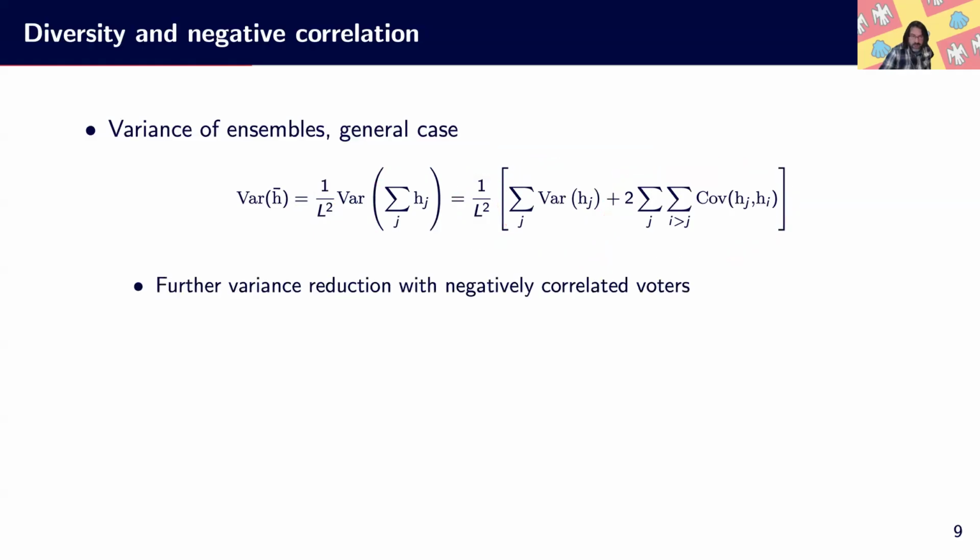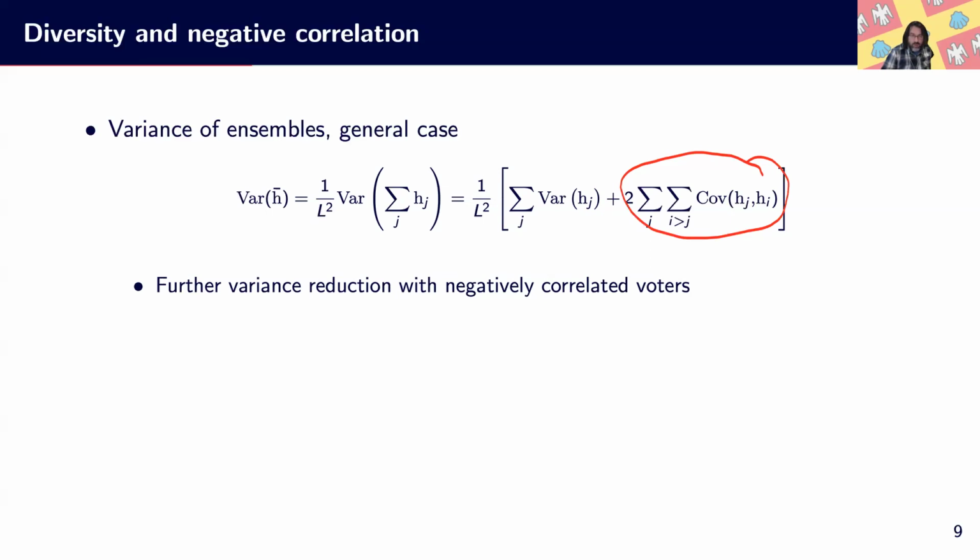This is interesting because if this covariance can be made negative, we are able to force the ensemble to have negative correlation, negative covariance, which means that we force the models to make classification errors on different samples. We are not just assuming that they randomly make mistakes over the set of samples, where they can make the same mistakes on the same sample in some cases and not in others.